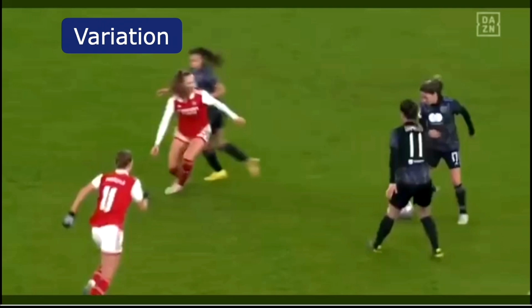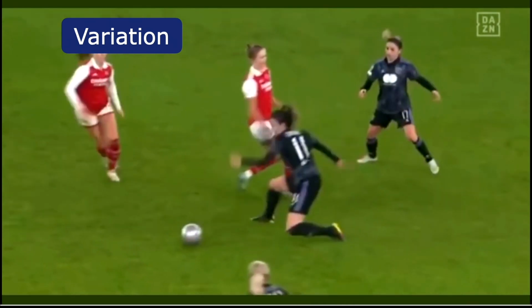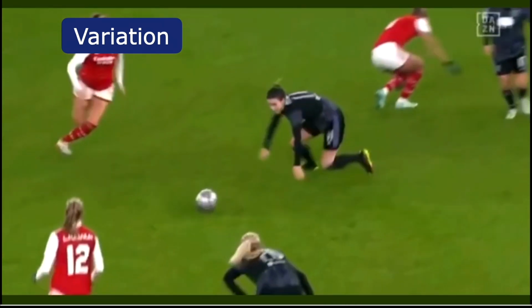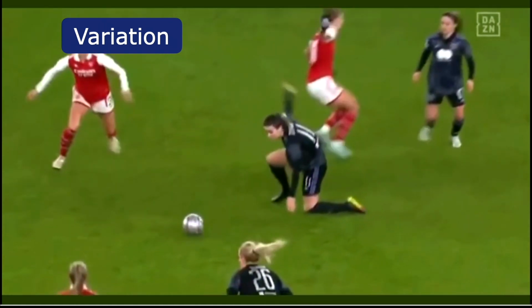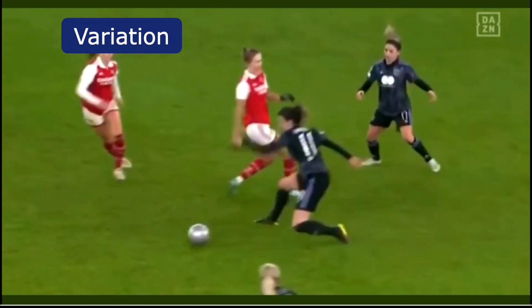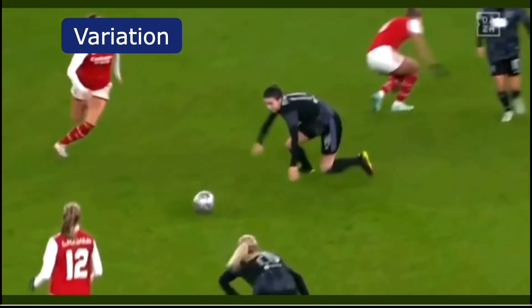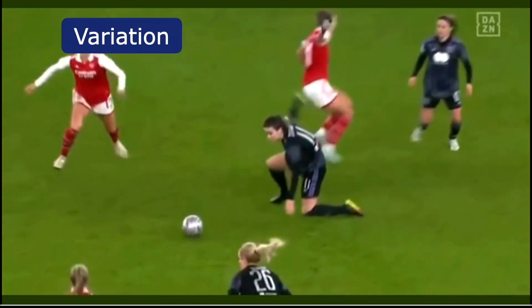Okay, to finish up with the variation, I'll take a defending change of direction task, a defending agility task, as an example, as a case study. This is Viviana Minima tearing her ACL on her left leg while defending and trying to intercept the ball.